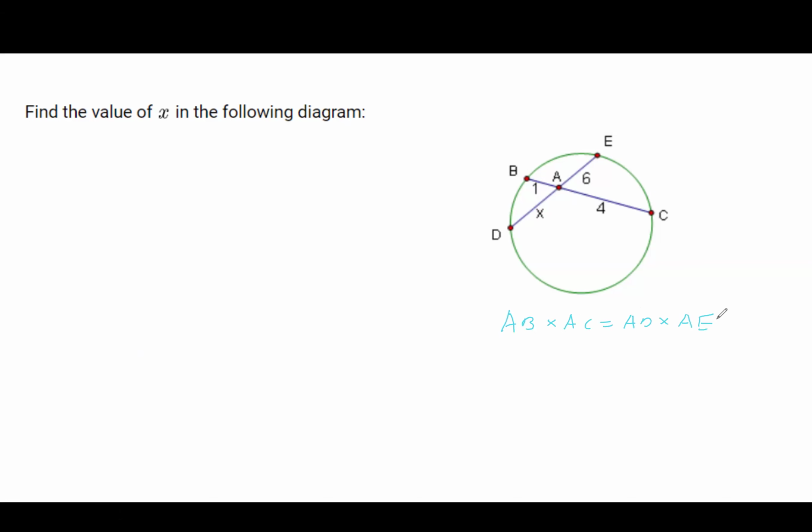On my screen, I've written out the relationship between the segments, so try to use this to solve for x.